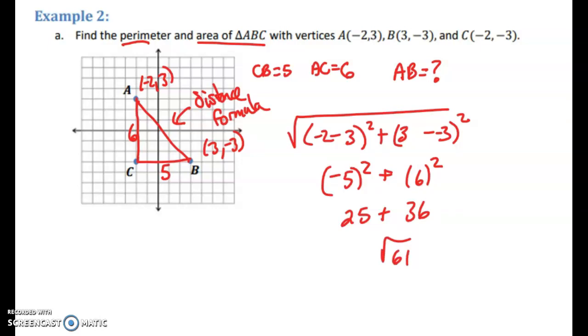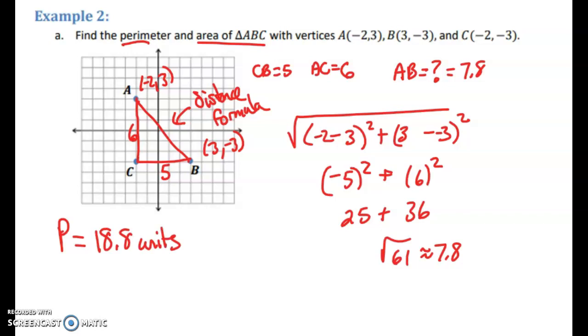Now, it's going to be a lot easier just to type it in your calculator and then use a decimal as we calculate this. So I got 7.8 roughly. So AB is 7.8. So the perimeter of the triangle, you add up all the sides, 5 plus 6 plus 7.8, and you get 18.8 units.